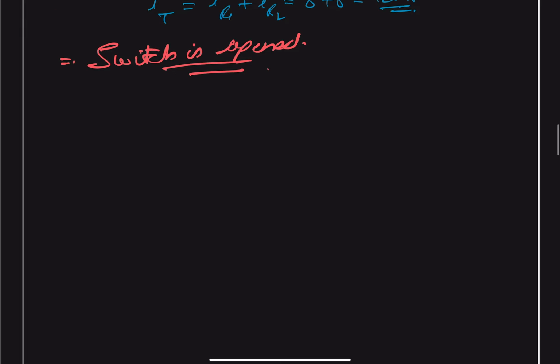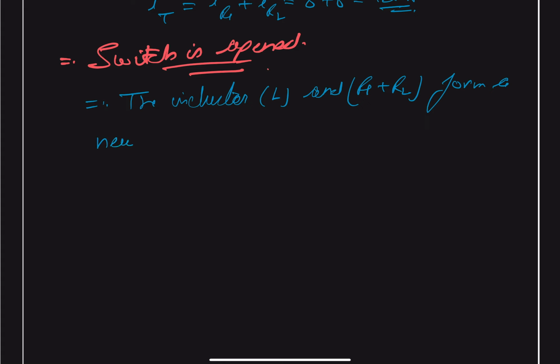As soon as the switch is opened, the inductor, which is our L, and R1 plus R2 form a new LR series circuit.